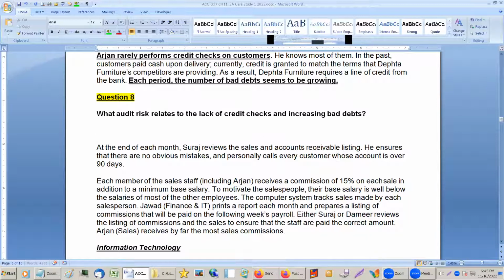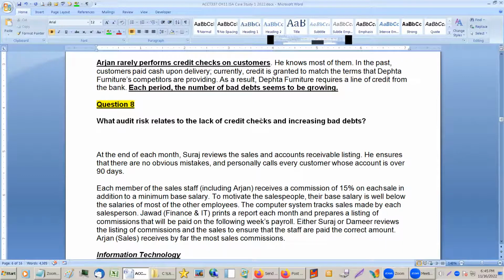All right, so what's a concern for this one? Lack of credit checks and the increasing bad debts. It actually has a lot in there. I'll take this one.